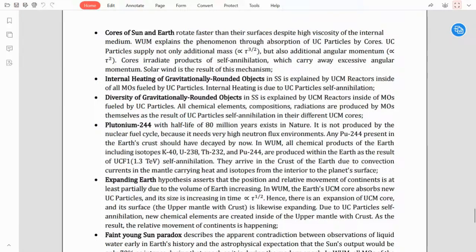Hence, there is an expansion of the UCM core, and its surface, the upper mantle with crust, is likewise expanding. Due to UC particle self-annihilation, new chemical elements are created inside of the upper mantle with crust. As a result, the relative movement of continents is happening.